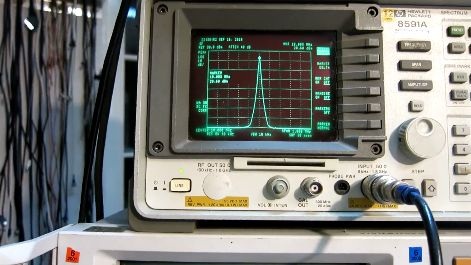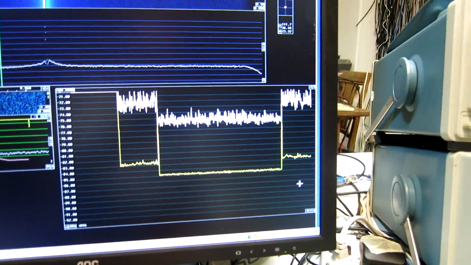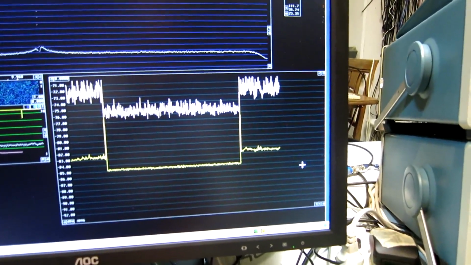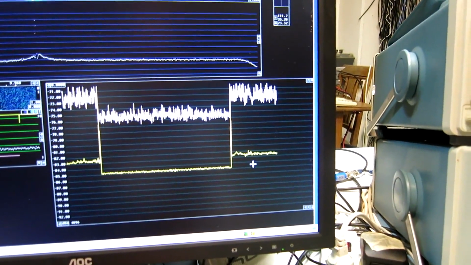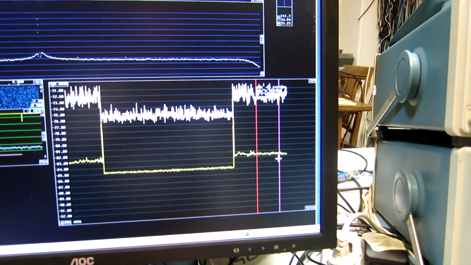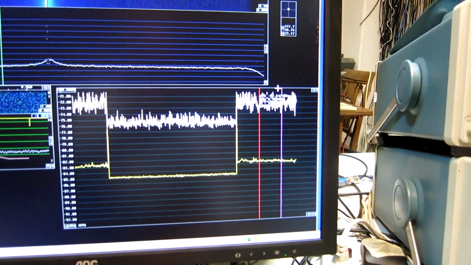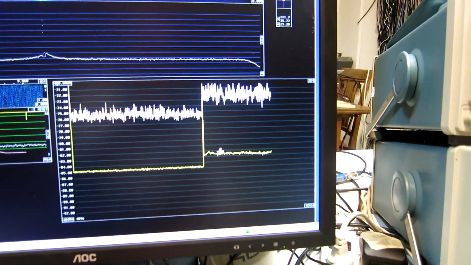Well, here is the noise floor at a separation of 50 kilohertz. And I can read it out. Minus 82.6. This is an arbitrary scale, it's not calibrated in any way.